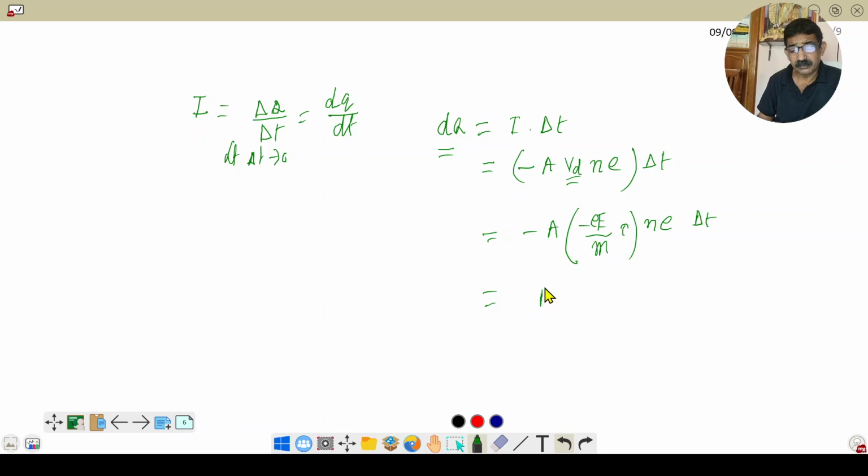That is equal to A e square n by m into delta t into tau into e.